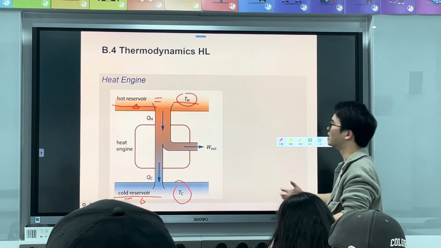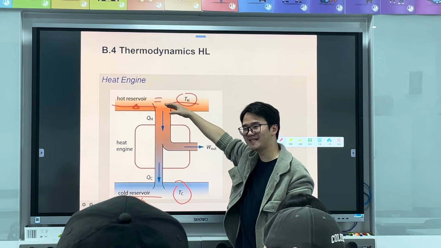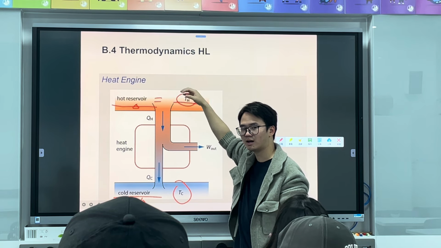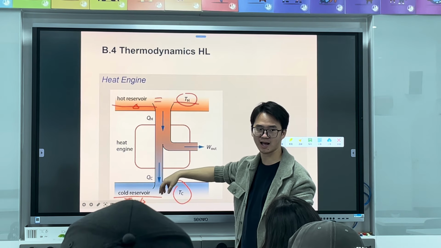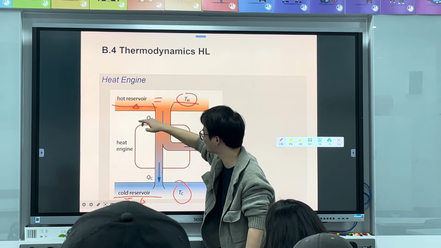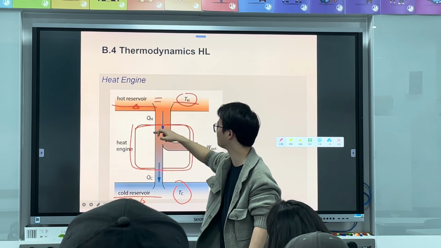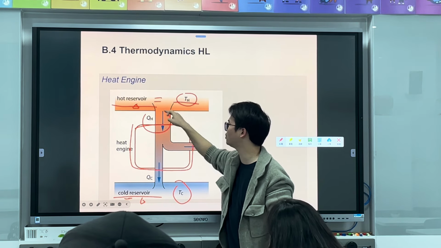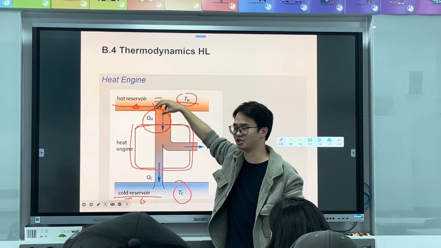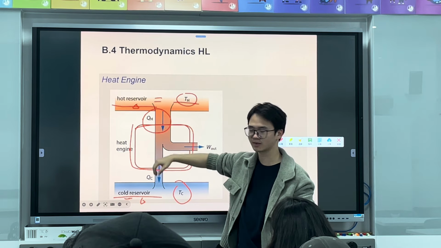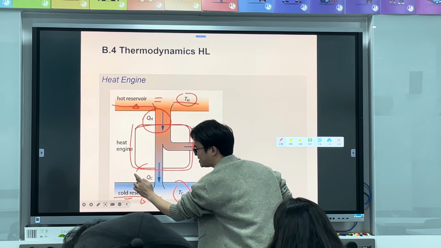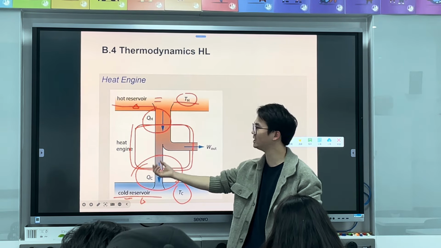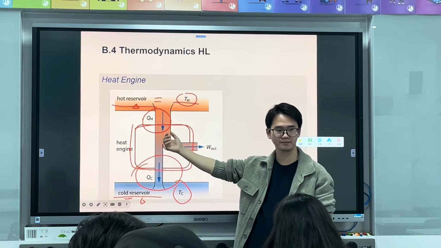Now, we know that heat energy is always traveling from high temperature to low temperature, right? And so for this energy flow, the hot reservoir gives out QH, this amount of heat energy transferring away. And the cold reservoir receives QC, this amount of energy. Can QC equal QH? No.